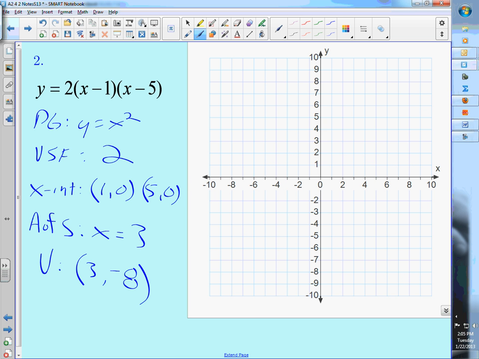Okay? So that gave me 1, 0, 5, 0. Add those two together and divide by 2. And then plug the 3 in for x. Did I go too fast? Everybody's going to be different. What did you get?